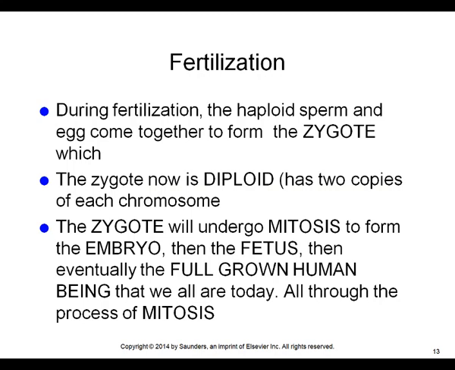The zygote is now diploid, and the zygote will undergo mitosis. Mitosis now, right? Think about it. Mitosis to form the embryo, and then the fetus, and then eventually the full-grown human being, all through the process of mitosis, okay?